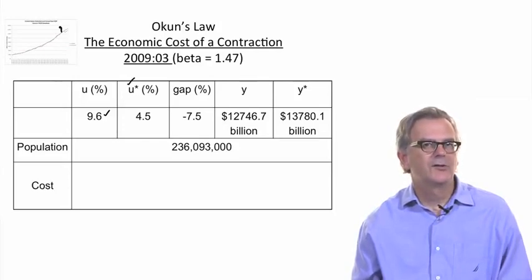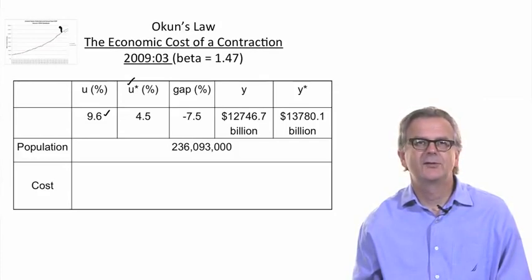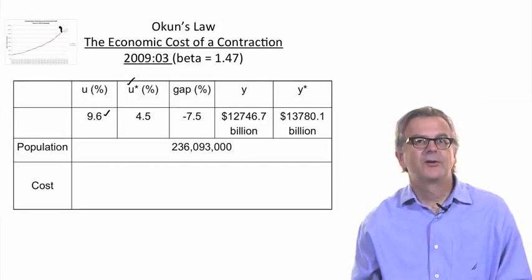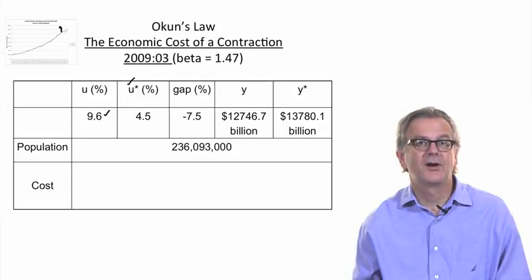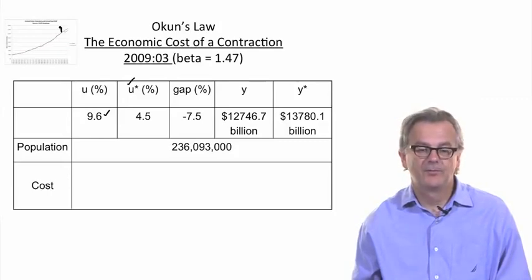So using the logic of Okun's law, it must be the case that in that period the output gap was zero, or at least very, very close to zero. So the actual unemployment observed in that period must have been very, very close to the natural rate of unemployment. And just prior to the global financial crisis, the actual unemployment rate in the United States was 4.5%. So that's why I'm using that figure as my measure of the natural rate of unemployment.